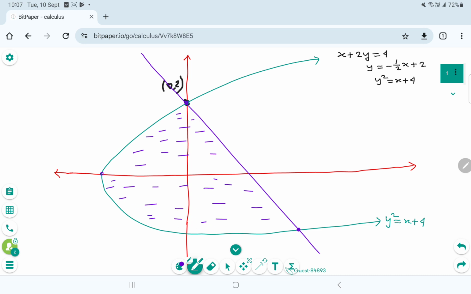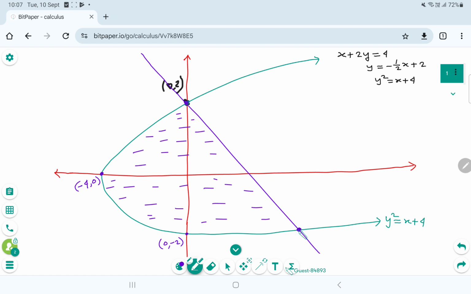We know this point is negative 4 comma 0, and this point we also know, 0 comma negative 2, right? Yes, sir.